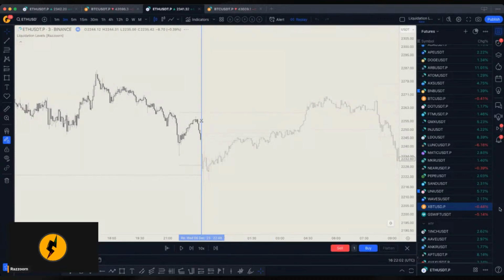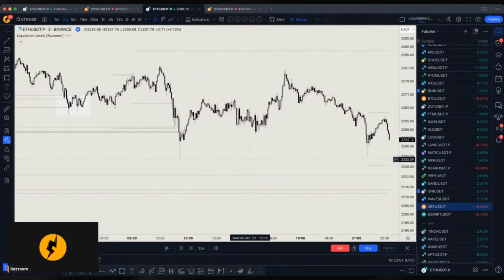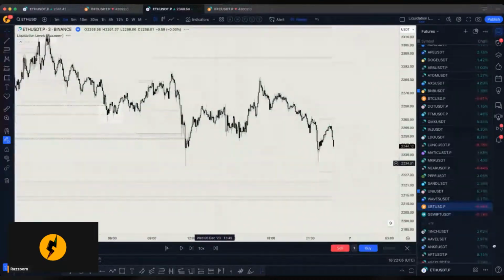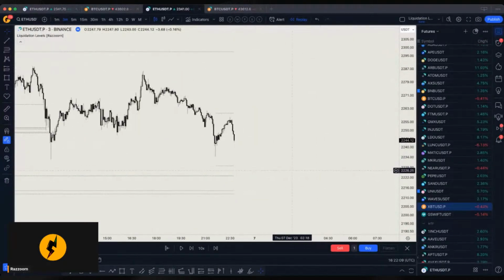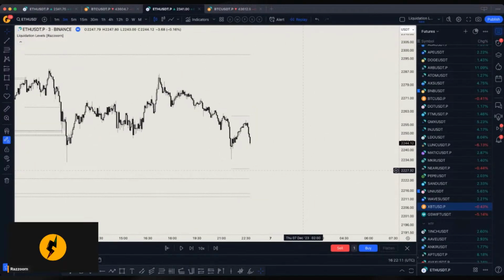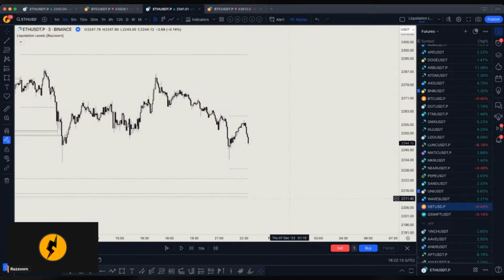Another good example is right here. You're coming down, the structure is bearish, you have this low right here, and you expect a swing failure, a liquidity grab, something like this.